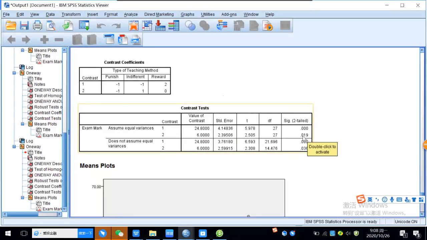So for this hypothesis, the significance is 0.0095. That means the teaching method of indifferent has a better effect than punish.